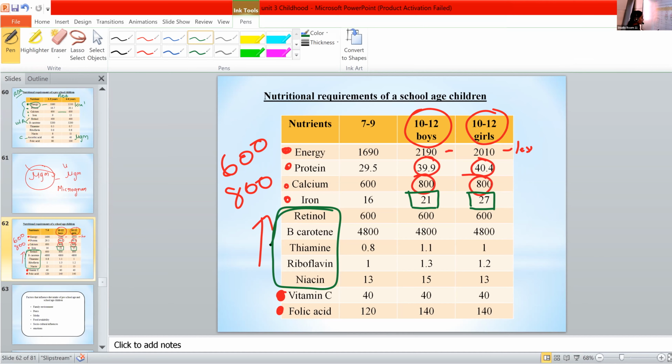Vitamin C, all are same, 40. Folic acid also almost 120 to 140. Almost same. Iron is very important. The RDA value of iron is very important. It's a sure short answer question. 21 for boys and 27 for girls. School going children or school age children.